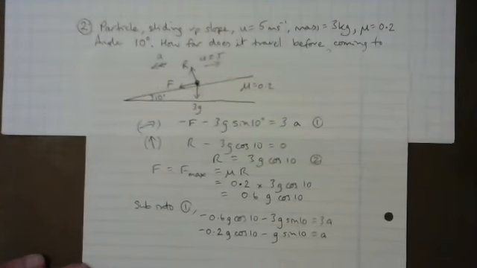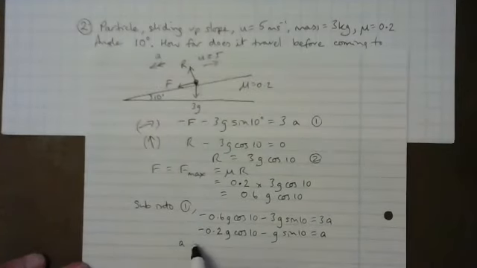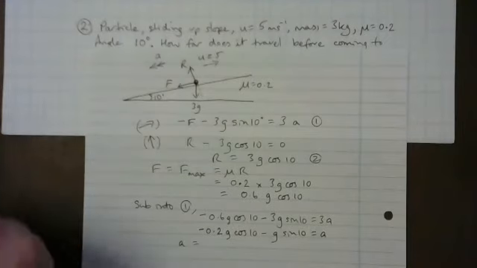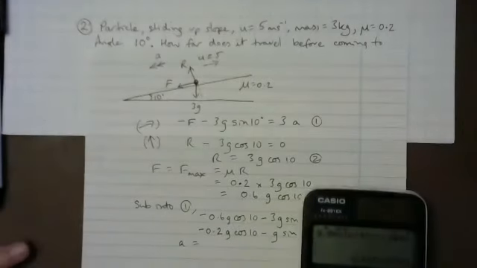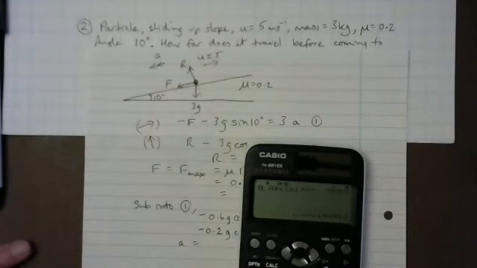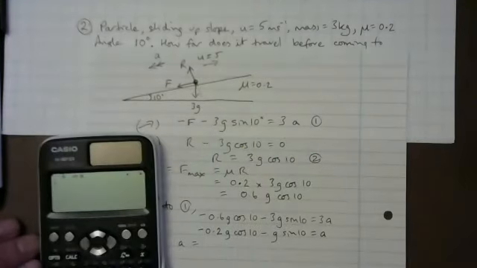A equals, calculator. Negative 0.2 times 9.8 times cos 10. Remember, always check that you are in degrees. I know I'm in degrees, I've just checked it just now.